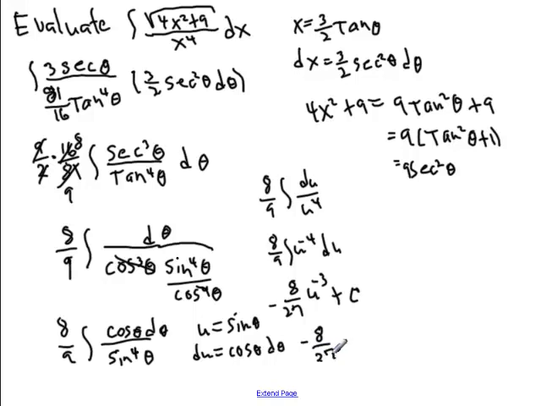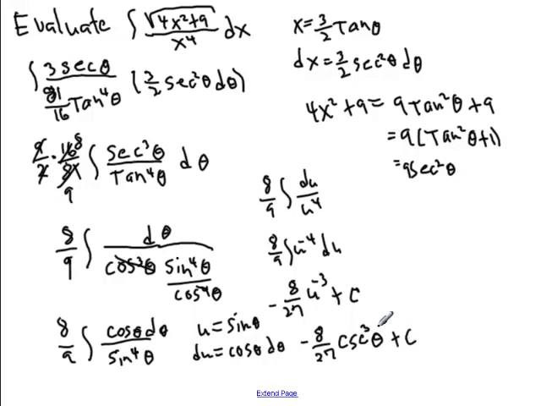And if you'll allow me, instead of u to the negative third, since u is sine theta, we can just put cosecant to the positive third, plus c.